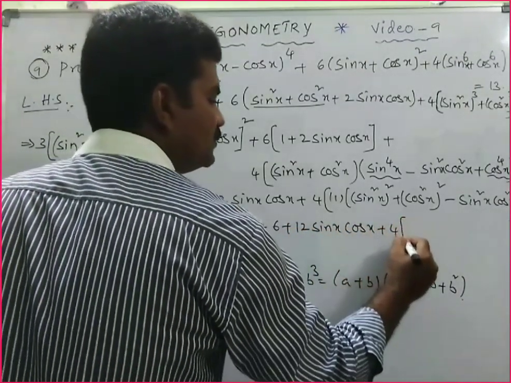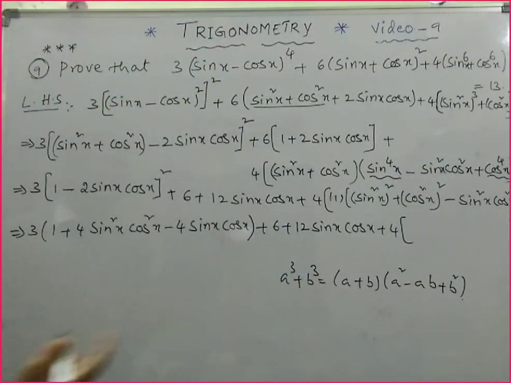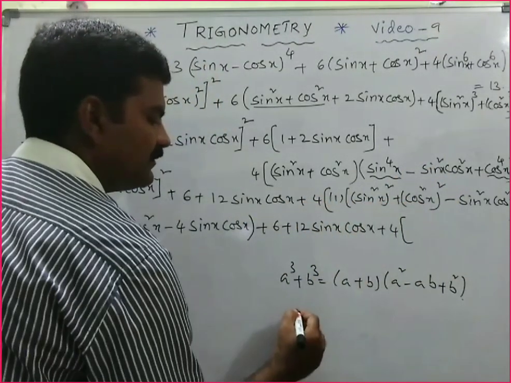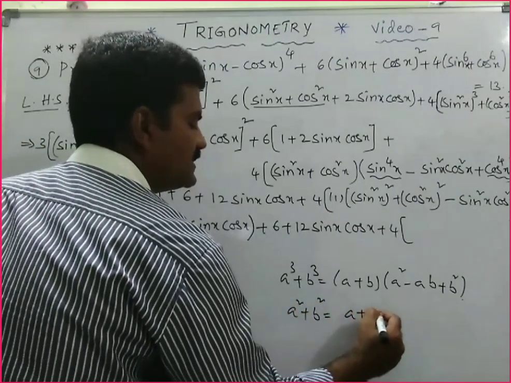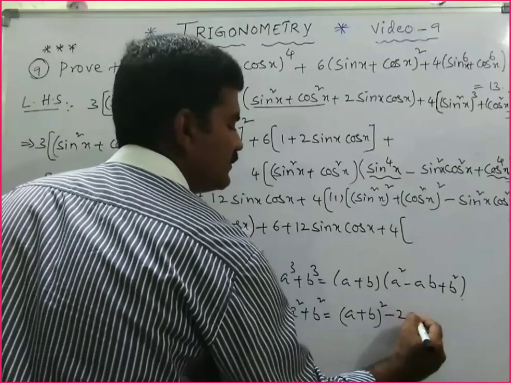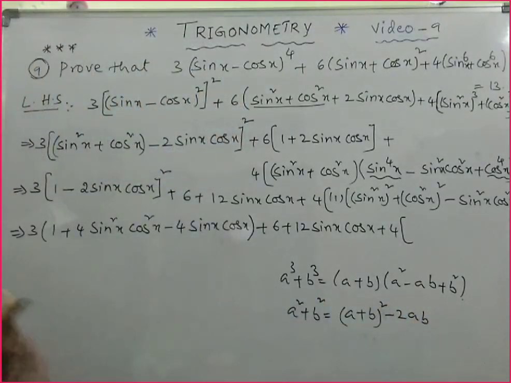Plus 4 into, so look at this part. What is this? This is in the form of a square plus b square. A square plus b square, I can write it as a plus b whole square minus 2ab. Fine.